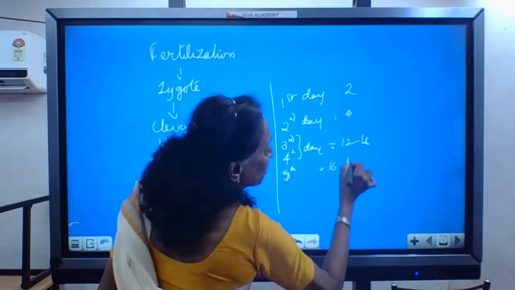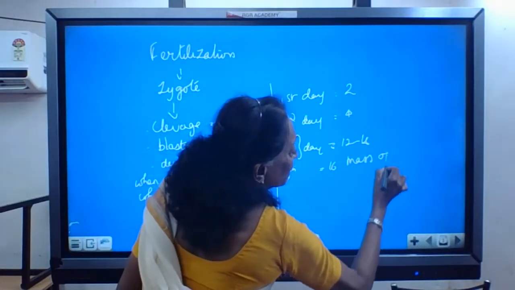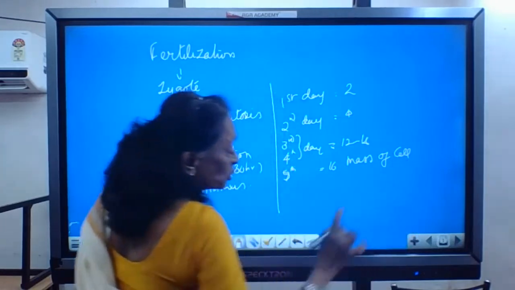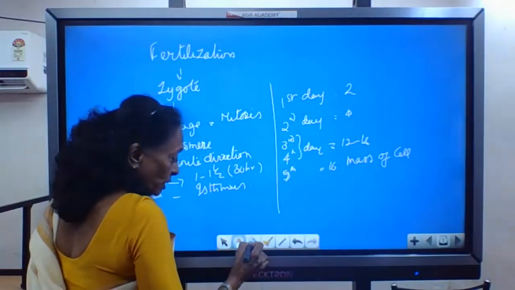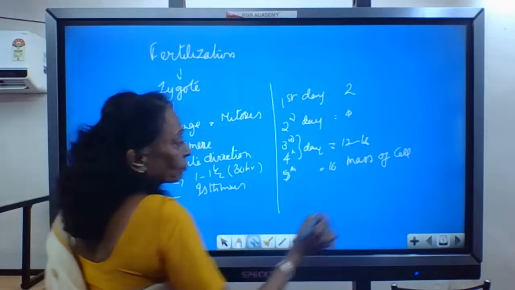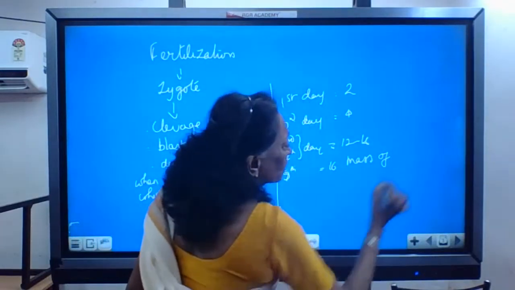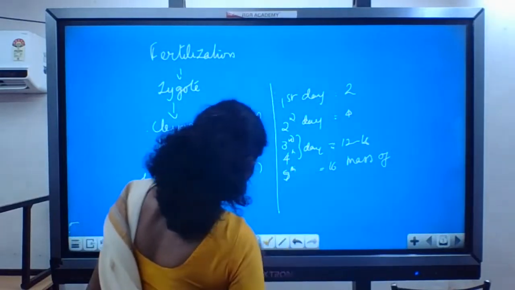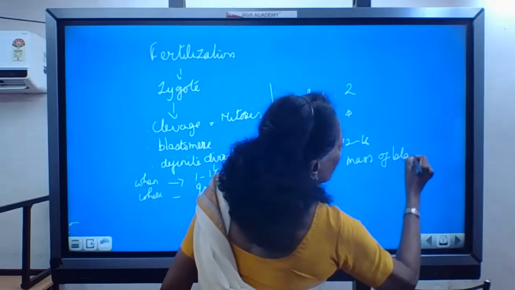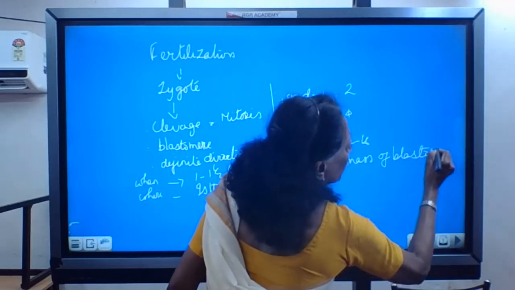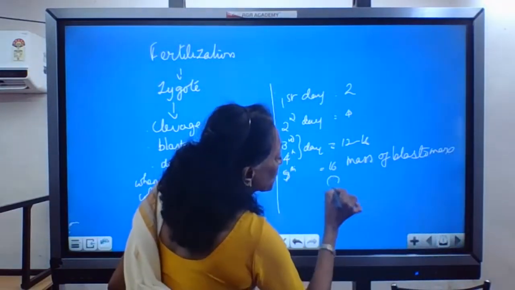Then this mass of cells is known as a mass of blastomeres, forming a ball-like structure.